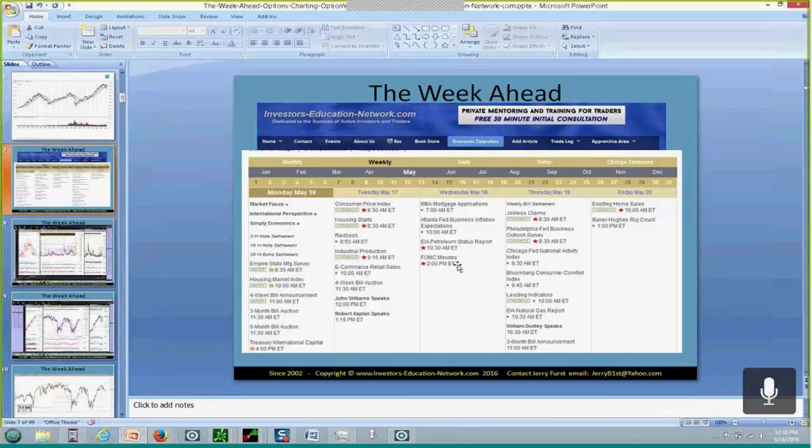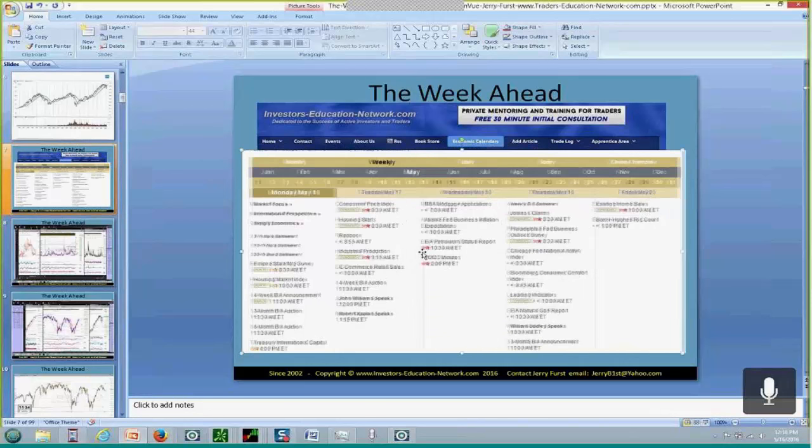FOMC minutes on Wednesday. So for those of you who are relatively new to this, the FOMC, otherwise known as the Federal Reserve, Federal Open Market Committee, about 8 times a year, they have a meeting, and 2 weeks after their meetings, they release their minutes of the meeting to the public. And that can have an effect on the market.